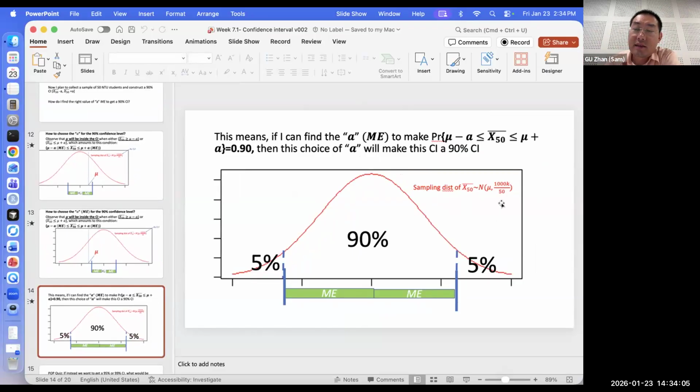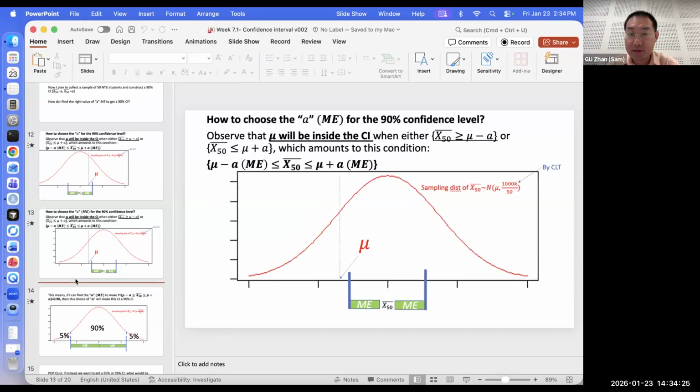Then the variance of the sampling distribution is the variance of the population divided by the sample size n. Here the sample size is 50.